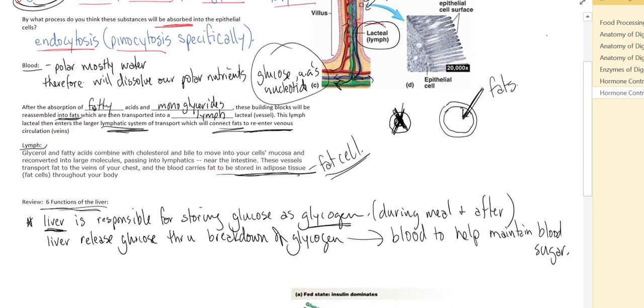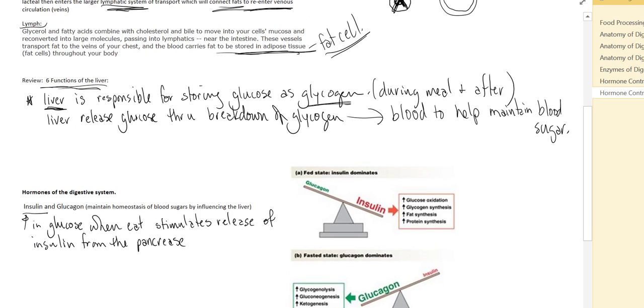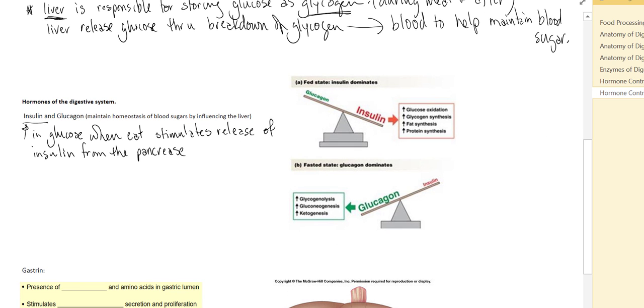This is going to cause a significant rise in our blood glucose, upon which stimulation of the pancreas to secrete insulin then starts to cause a cascade of metabolic activity that helps to reduce that blood sugar back to normal and homeostatic conditions.